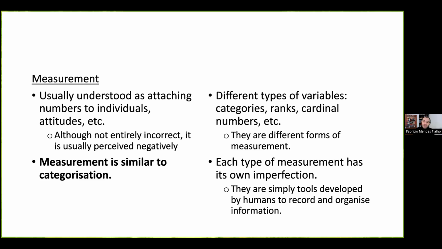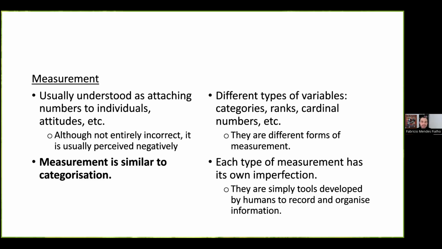But we can also have other forms of attaching labels, names, numbers, or order to different phenomena that may be considered measurement as well. For instance, males and females or other genders is one form of nominal measurement. But you can also rank preferences. Say, out of these three different beverages, this is my top favorite, this is the second one, and this is the one I like the least. This is a form of measurement.